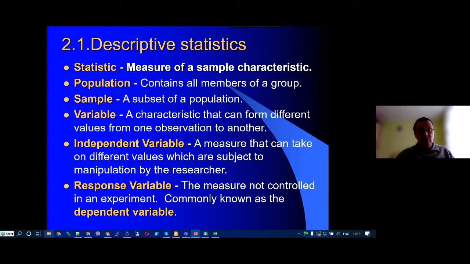But it's hard to deal with and extremely difficult to measure such a large group of subjects for studying, so practically we every time deal with samples, a subset of the population.